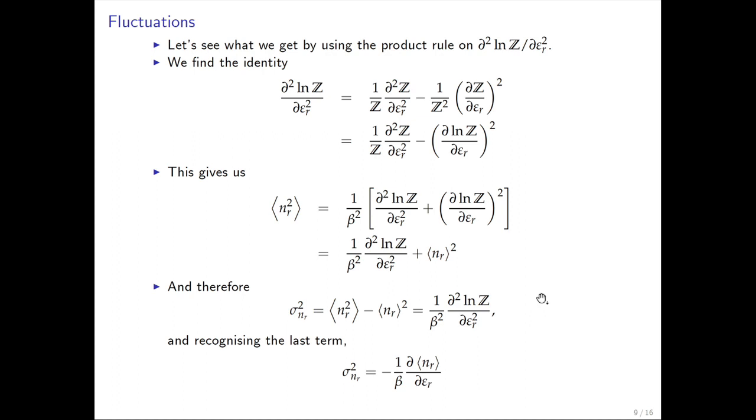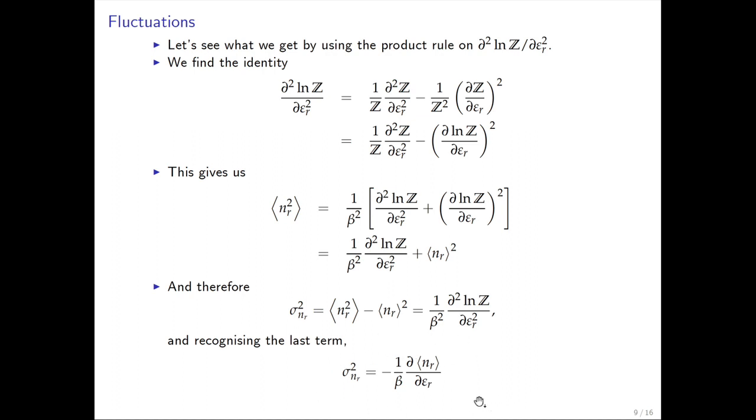But the interesting thing is we can simplify it even further, because as we recognized here, 1 over beta times this derivative is just this guy, just the mean occupation number. So now we've got the variance in quite a simple form.